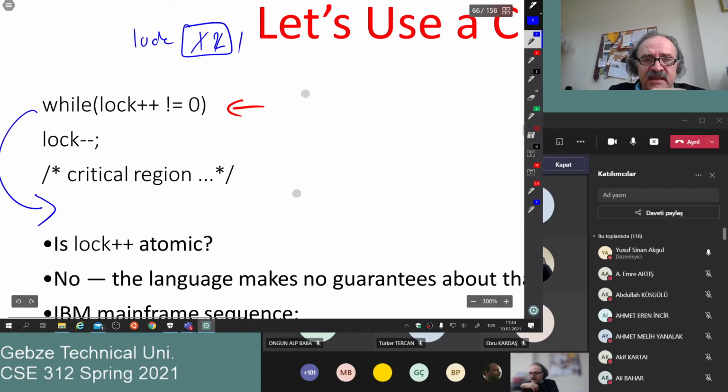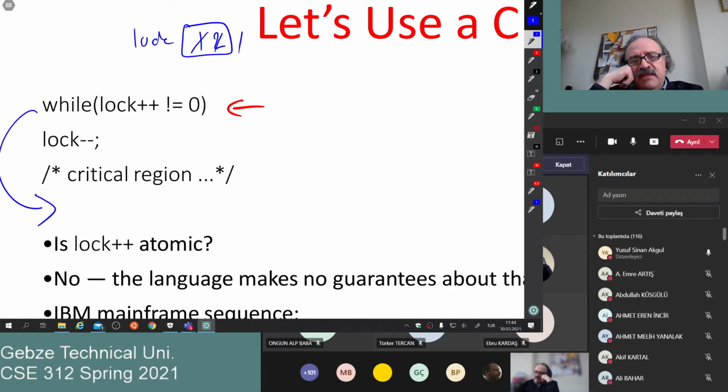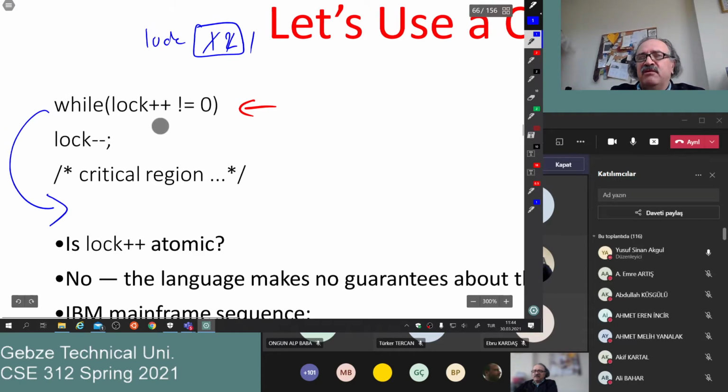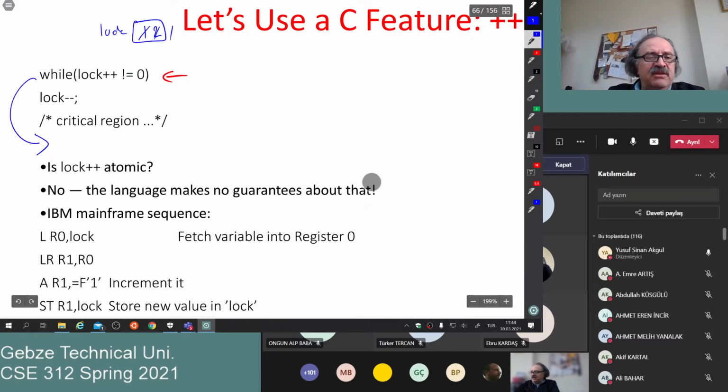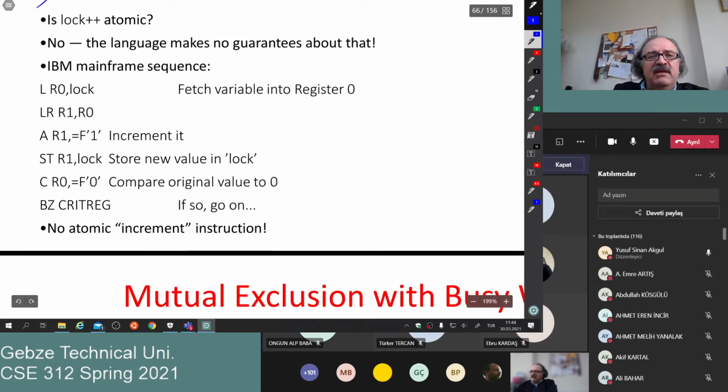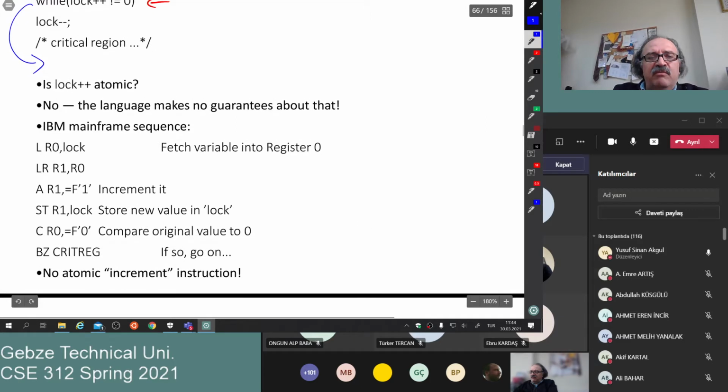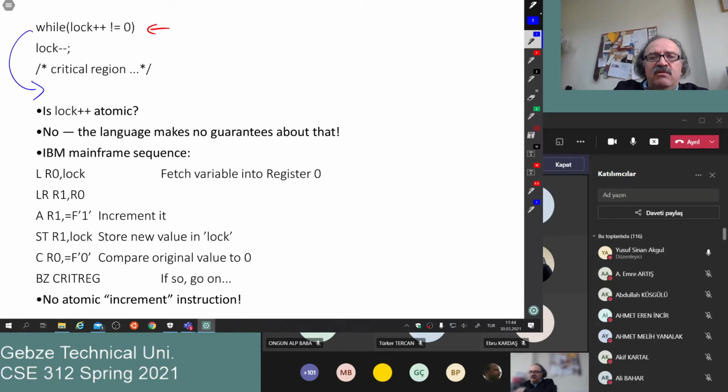But this is C++. This is not assembly language. Lock not equal to 0 is not done in a single assembly language instruction. So if I compile this into IBM mainframe instructions, this is what happens.